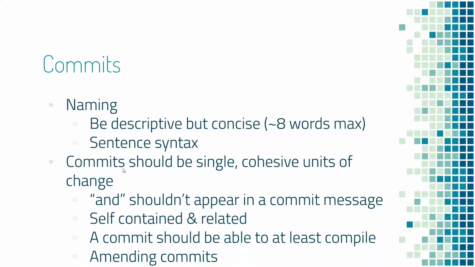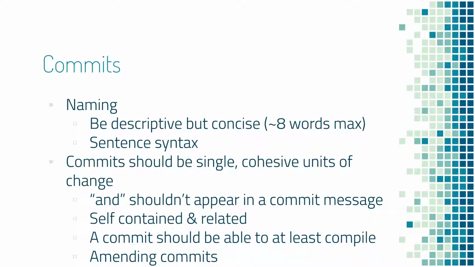Then there are the contents of a commit, the changes that you make. It should be a single cohesive unit of change, and it should be self-contained, which means everything relevant to that small unit of change should be included in that commit. It should be related, so you shouldn't have two different changes in a single commit.